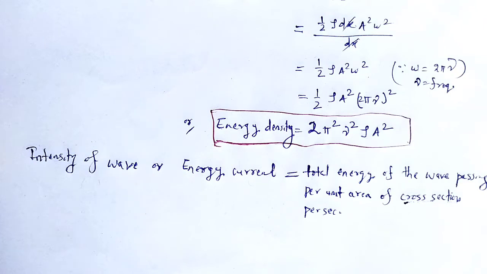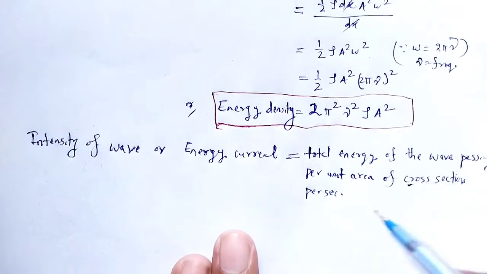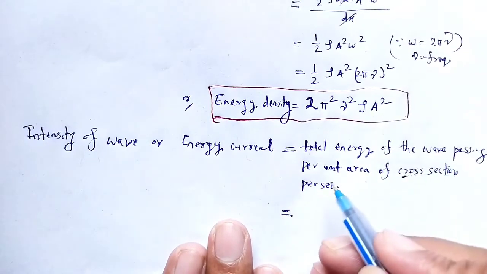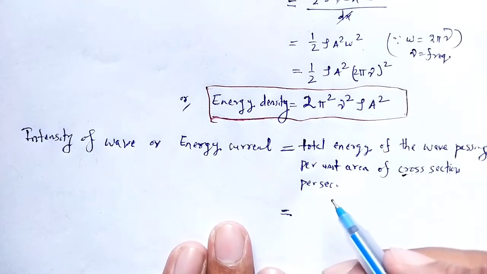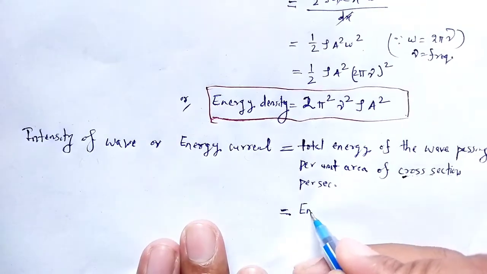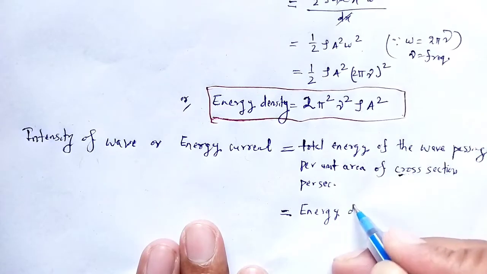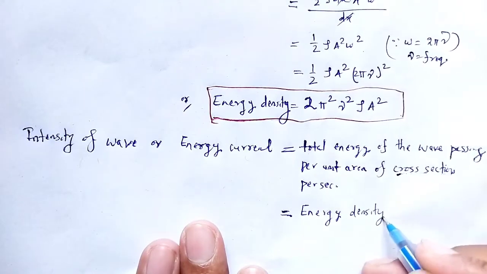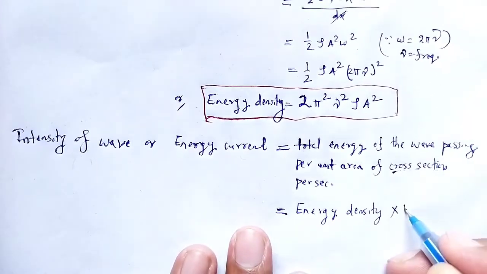Therefore, the energy flowing per second for unit area of cross section will be the energy contained in a cylinder of length v and unit area of cross section. So, the total energy of the wave passing per unit area of cross section can be written as the energy density into wave velocity.